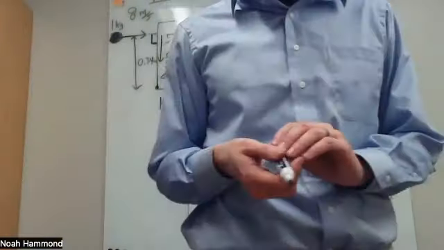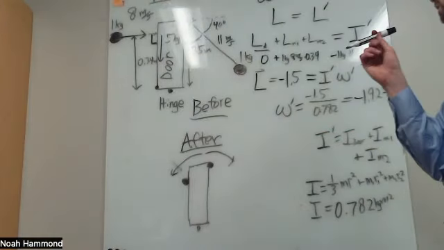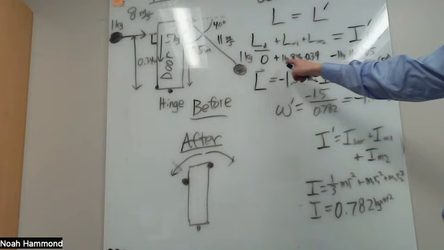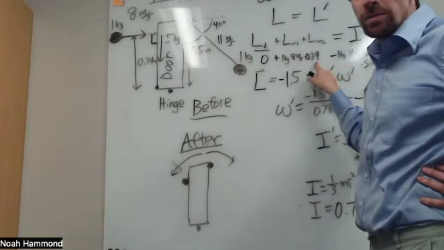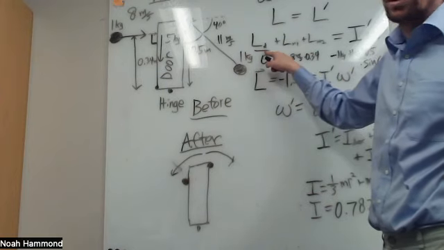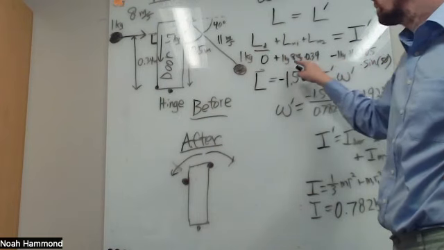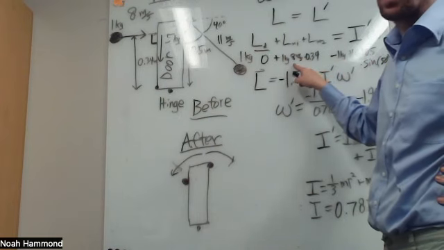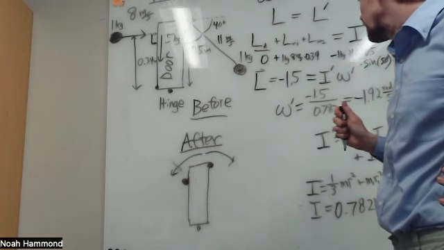Okay, so to finish things up, we had calculated the angular momentum of the door initially, which was 0, and of each of the mud balls. One coming in from the right was positive. This one was negative. We added all those things together.